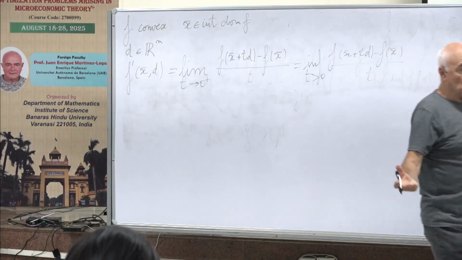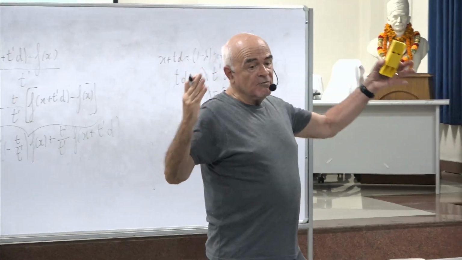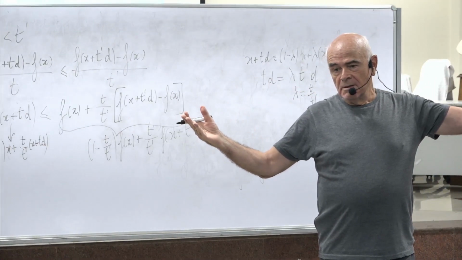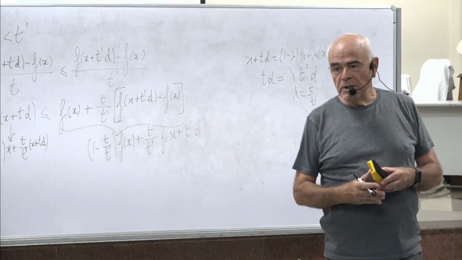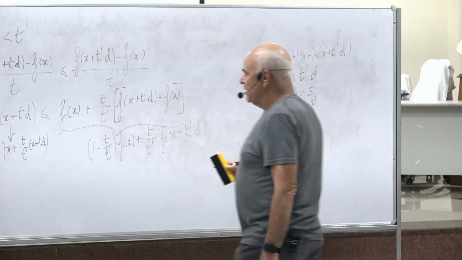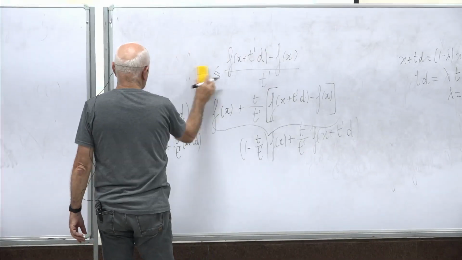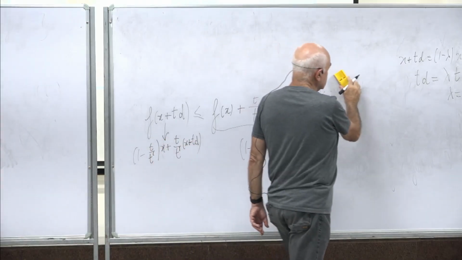An infimum always exists, so the limit always exists. But an infimum may be minus infinity, and we don't like this. But here it's not minus infinity because we are in the interior of the domain.